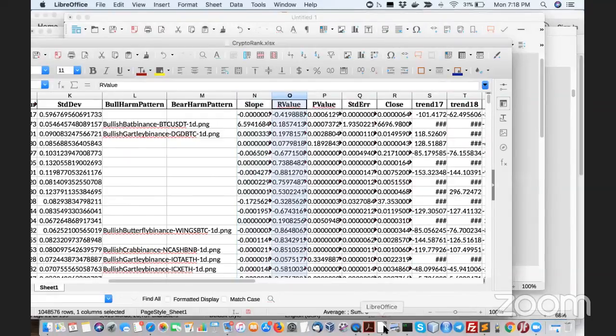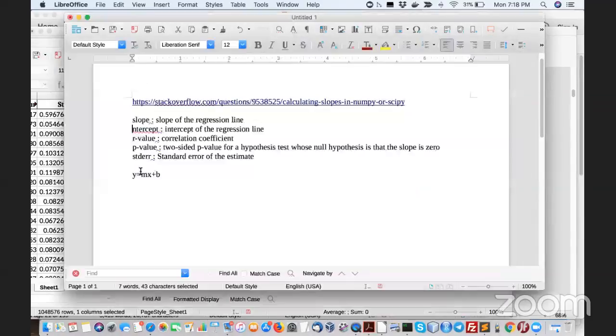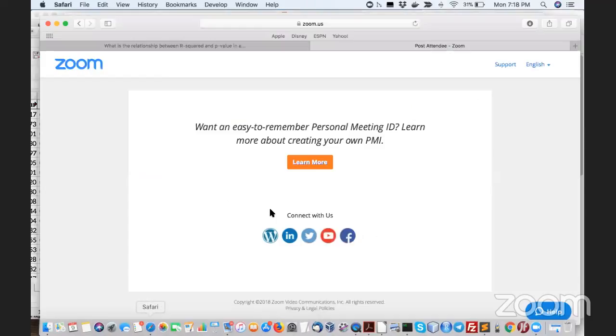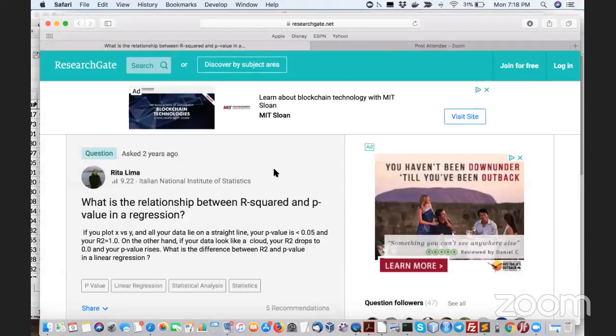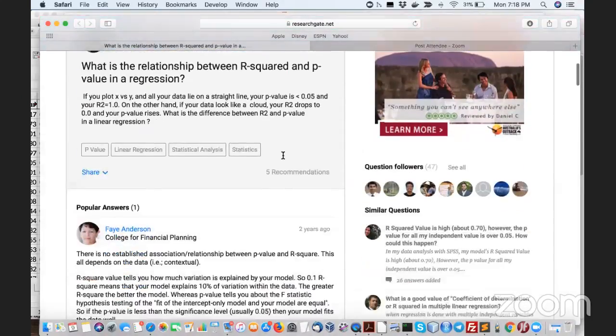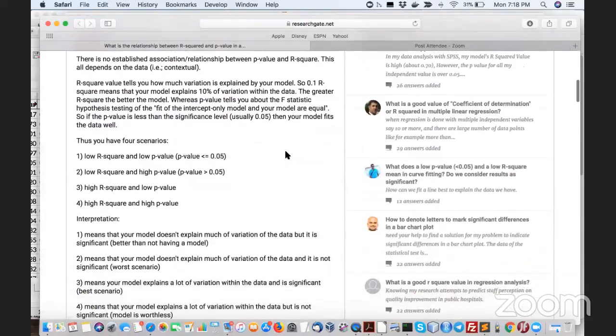Then we get into, let me just show you the definitions here. Okay, so the next one's R value, the correlation coefficient. This is just a measurement to say, is the relation between X and Y valid? I don't get into this in a lot of detail, but we do have a link here that explains that relationship.